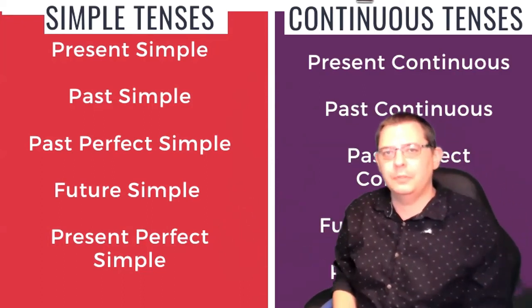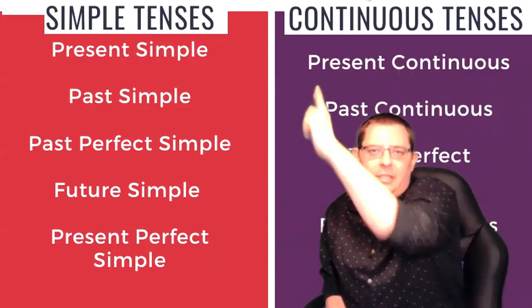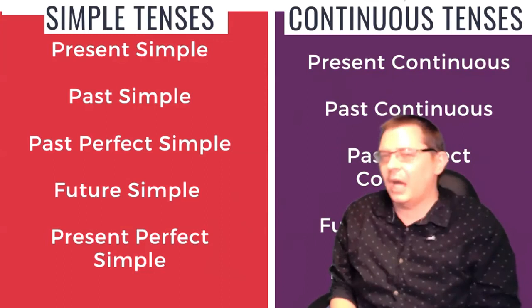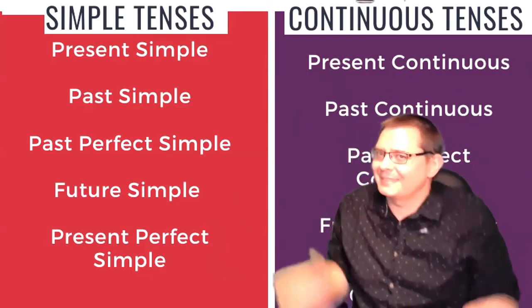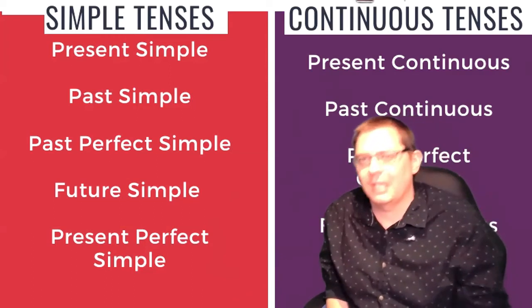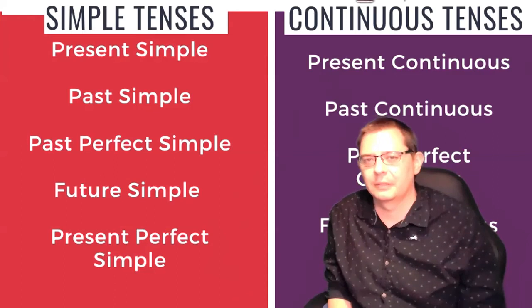If we were to use a state verb in the continuous tense, it would sound strange and unnatural for a native English speaker. Why is this? Nobody really knows. It just is, and we have to follow this rule when we're speaking.